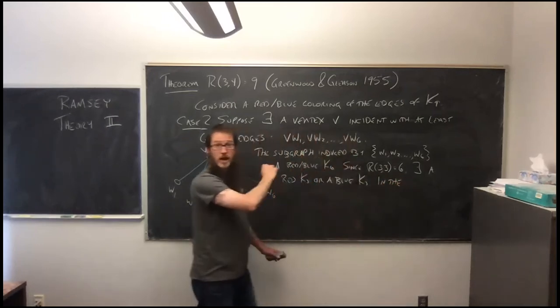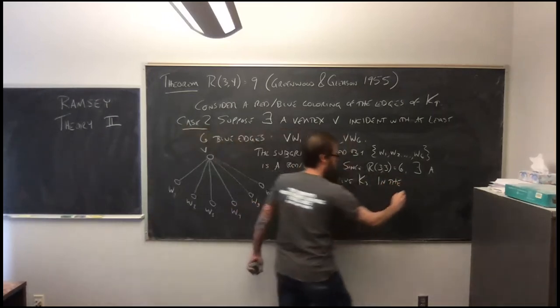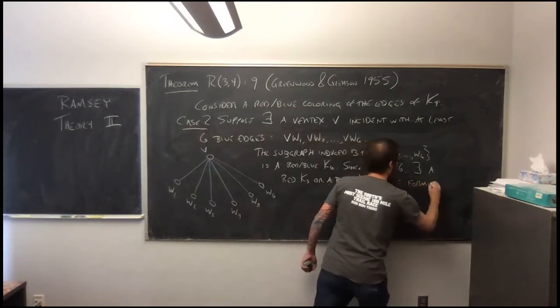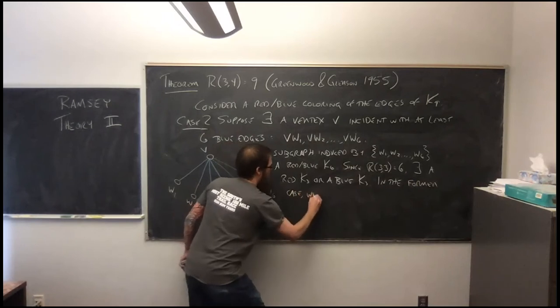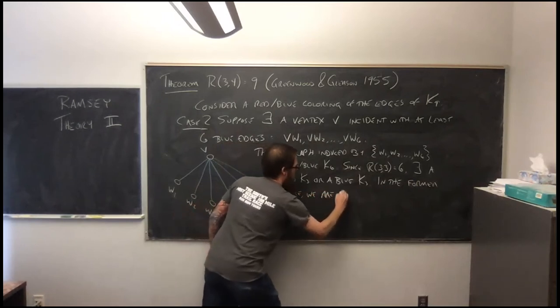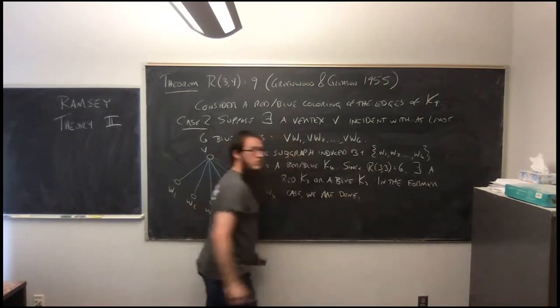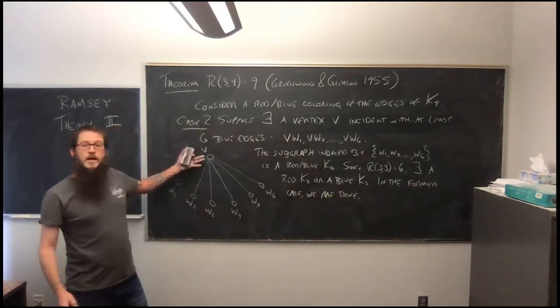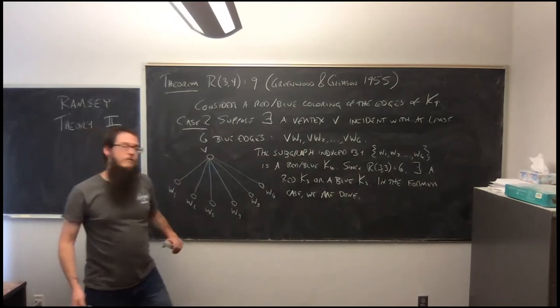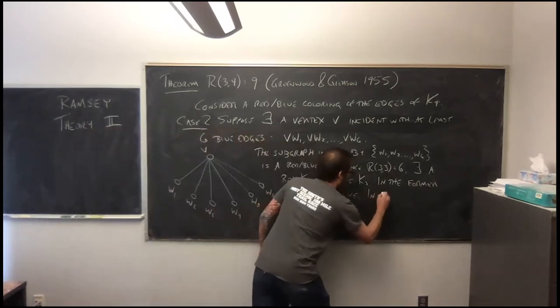In the former case, where we have the red triangle, we're done. In the latter case, we have a blue triangle, and then if we include the vertex V, we get a blue K4.